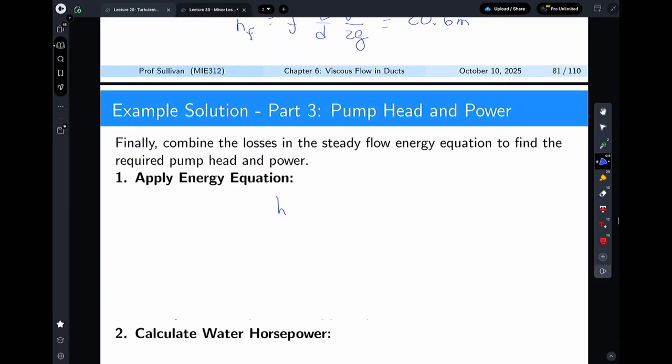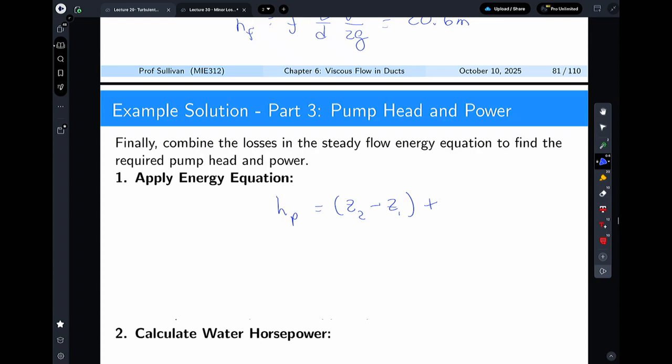So the pump has to deal with all of the stuff causing losses on this pipe or system. And free surface 2 is above free surface 1, so I have to pump up.